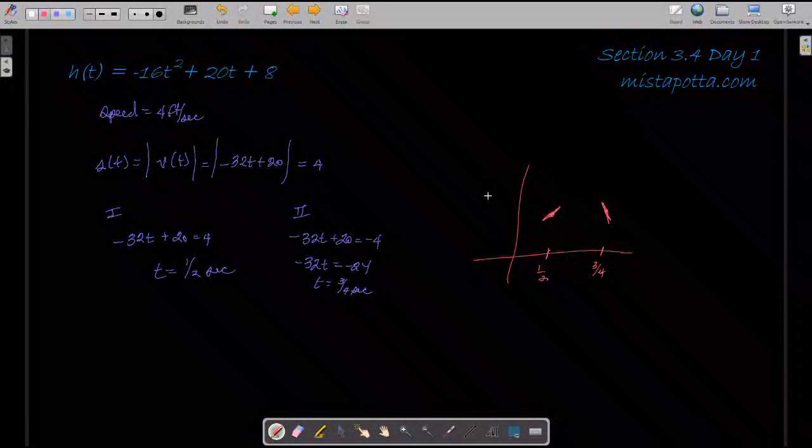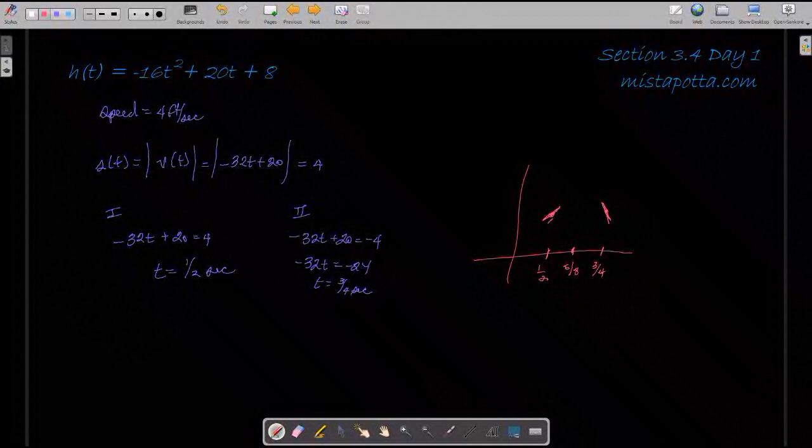And because this is a parabola, my vertex is exactly halfway between this, which is the 5/8 of a second that we had before.